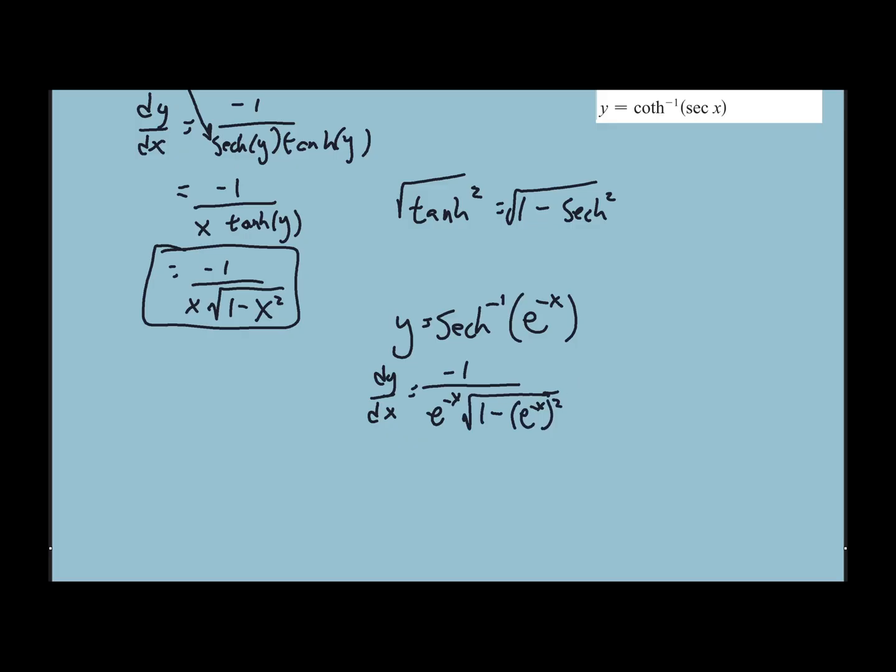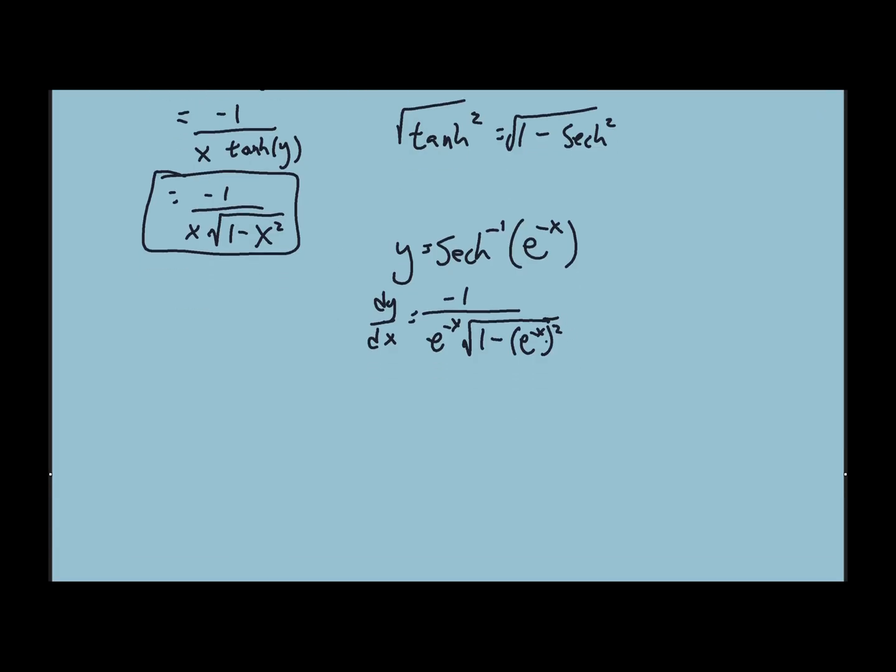Is there going to be a chain rule in here? Take a look at it for a second. I feel like it is. Now, this can clean up. In fact, let's clean this up, because e to the negative x squared is the same as saying e to the negative 2x. I feel like that's true.